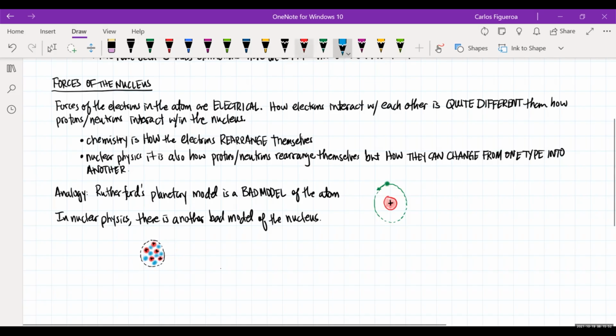So in this case here, I'm going to say that here's a neutron, and then here is my proton. So this is what I would call a proton. This is what I would call a neutron. If you see this image of the model of a nucleus, guess what? It's not very good. It's a terrible model.